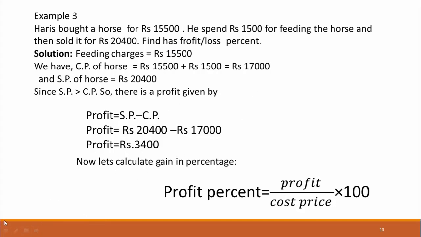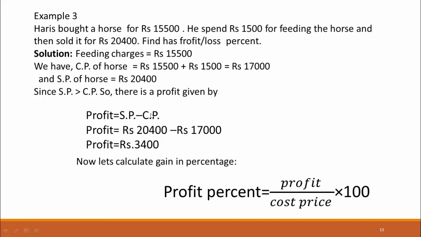He bought the horse for 15,500 and 1,500 was spent for feeding. So the total cost will be 15,500 plus 1,500 equals 17,000. In this case, Haris gained the profit, and the profit can be found by selling price minus cost price.